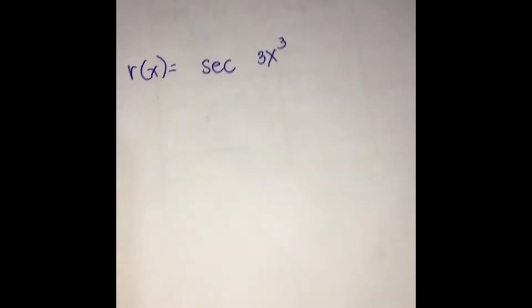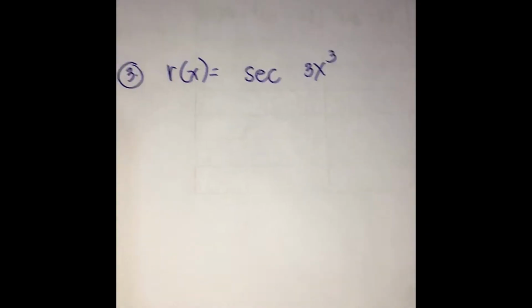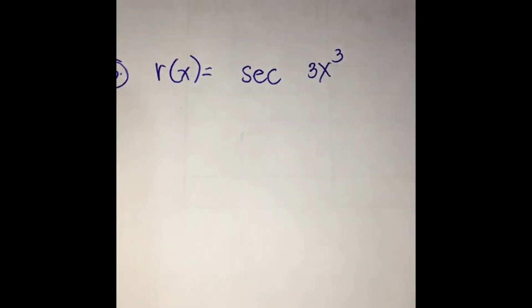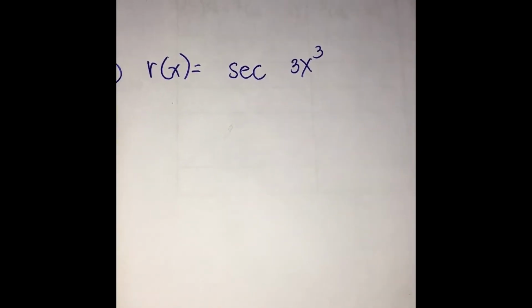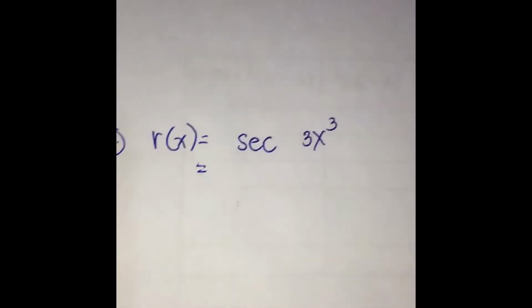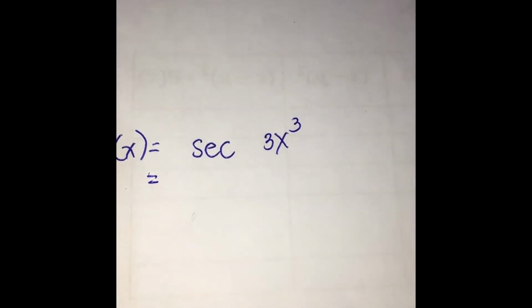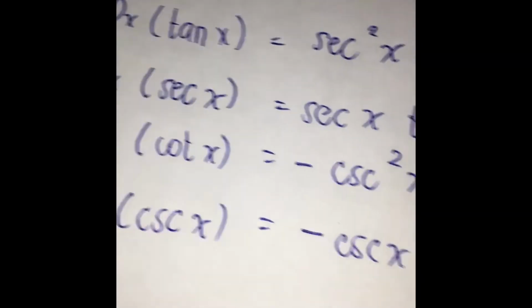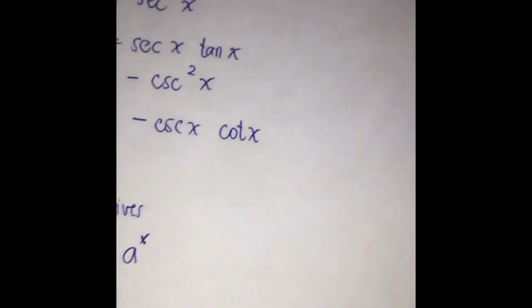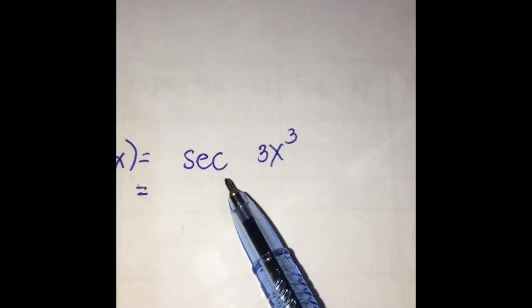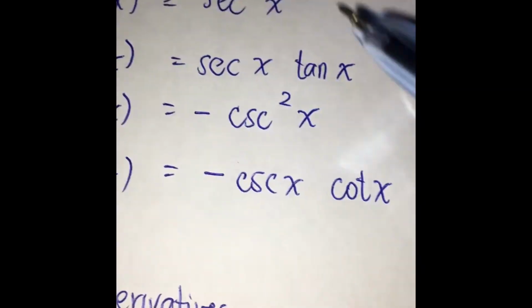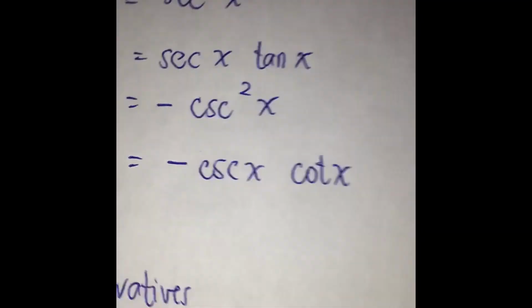For our third example, we have now the given r of x is equal to secant 3x cubed. So, the derivative of your secant 3x cubed, we have, the derivative of secant is secant x tan x. Why x? Remember, the base of the secant is x. So, all you need to do is to copy the base x.